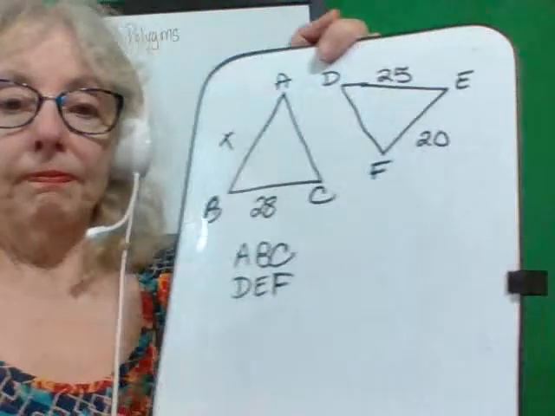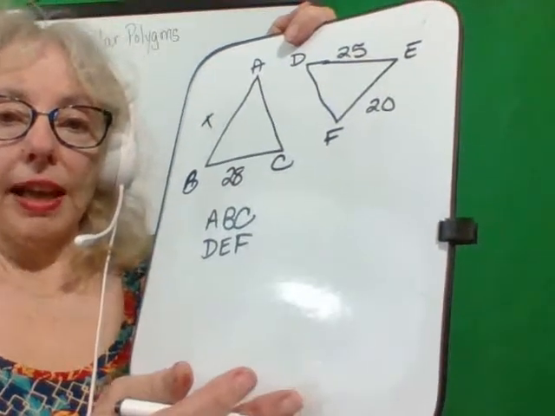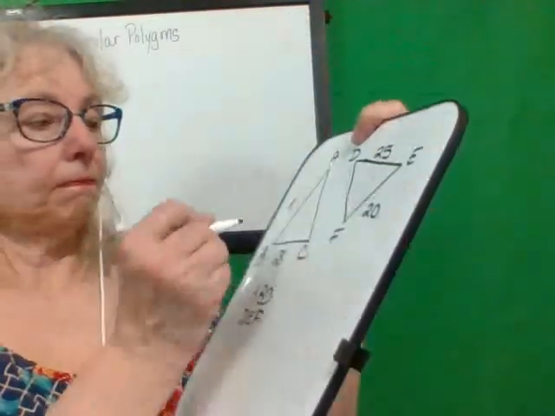All right. Now, let's look at one like number 6. We have A, B, C. A to B is X, B to C is 28, and it is similar over here to D, E, F. 25 and 20. All right, again, I'm going to label them underneath each other, D, E, F. Okay, so that means that side AB has to match with side DE.